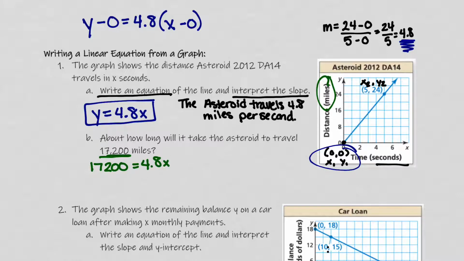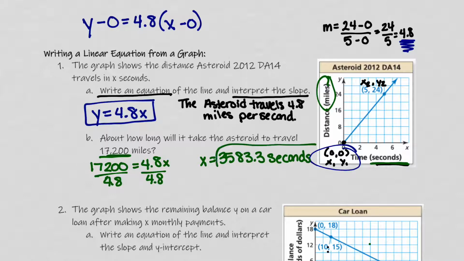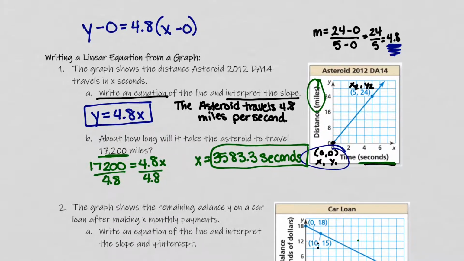So to solve for x, I'm going to divide everything by 4.8. And I end up getting x equals 3,583.3, and you do need to label, and x is labeled in seconds. So that is what B asked for: about how long it will take for the asteroid to travel 17,200 miles.